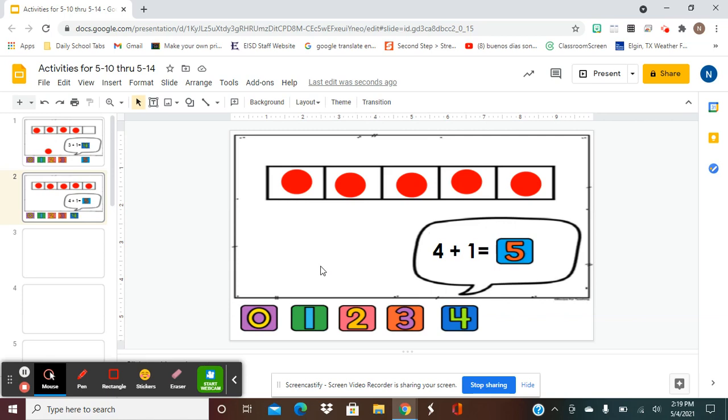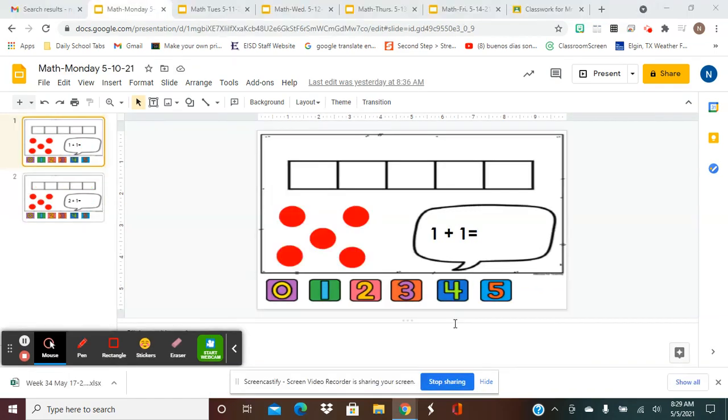All right. So now that we did those two activities, let's talk about your homework. And remember, your homework is going to be very similar to what we just did. So for today's homework, you're going to have two Google Slides, this one and this one. You're going to have two addition sentences, and they're going to be right here.